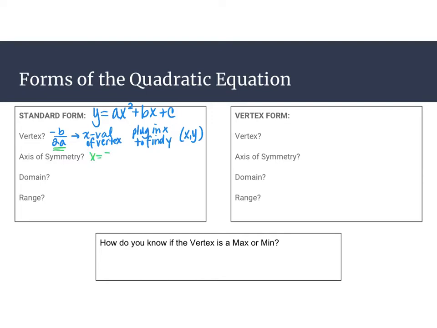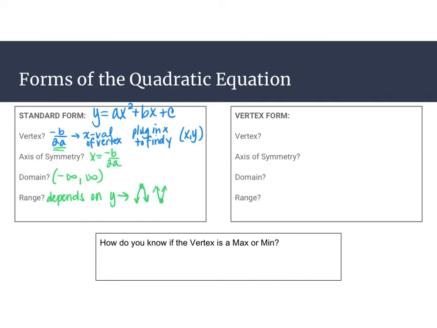The axis of symmetry is x equals the x value of the vertex. The vertex is either, I'll get to that part after. The domain of a parabola is always negative infinity to infinity. And the range depends on what the y is, and whether the vertex is a max or a min.